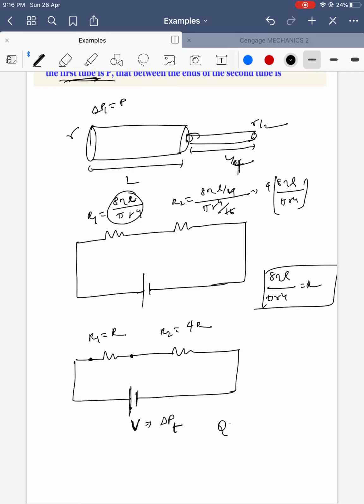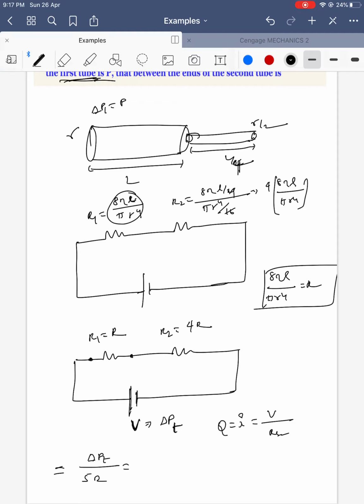Volumetric flow rate Q, or I, is equal to V by R equivalent. V is nothing but delta P total by R equivalent. Both are in series, so it will be 5R.